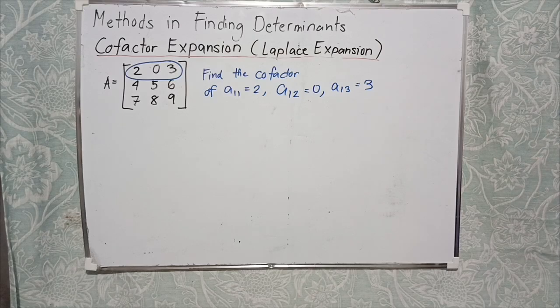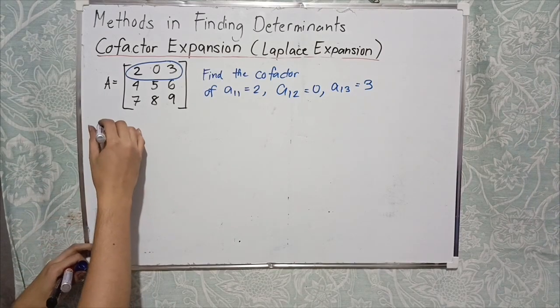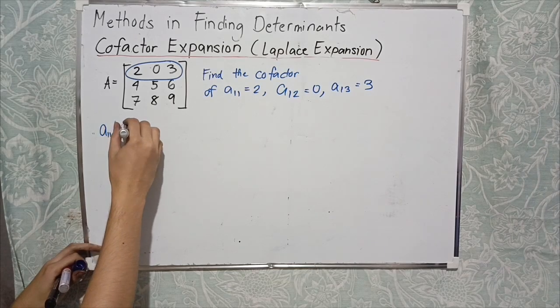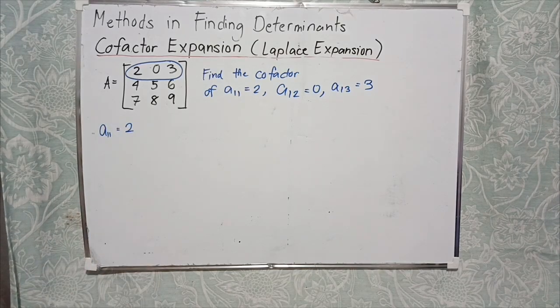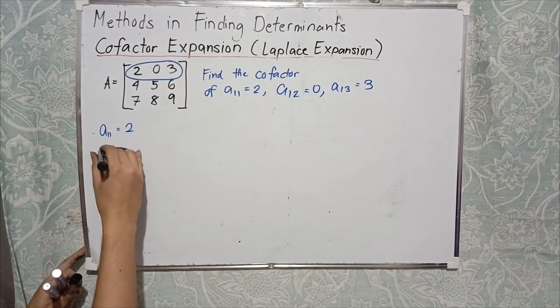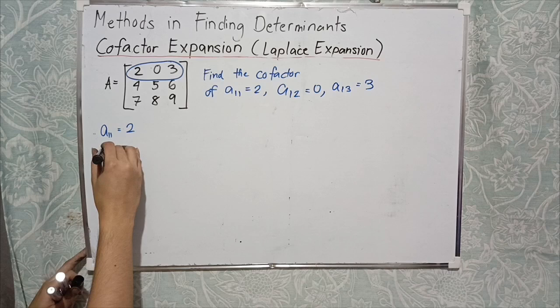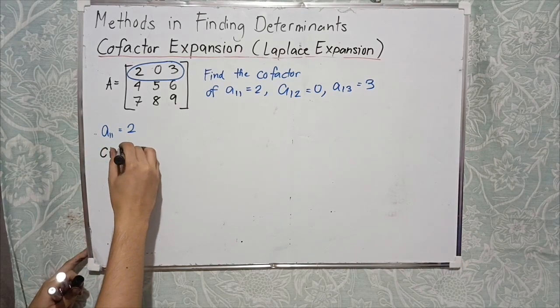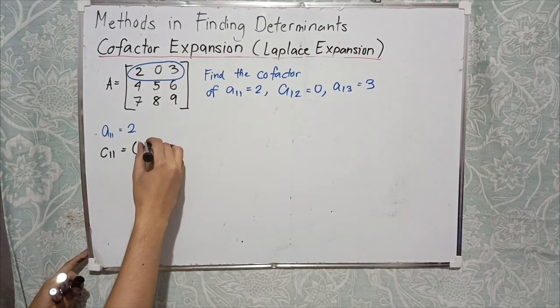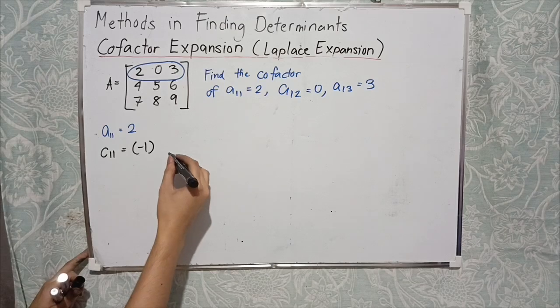So starting with A11, our A11 is equal to 2. Our formula to get the cofactor of this is C11 equals -1 raised to i plus j.